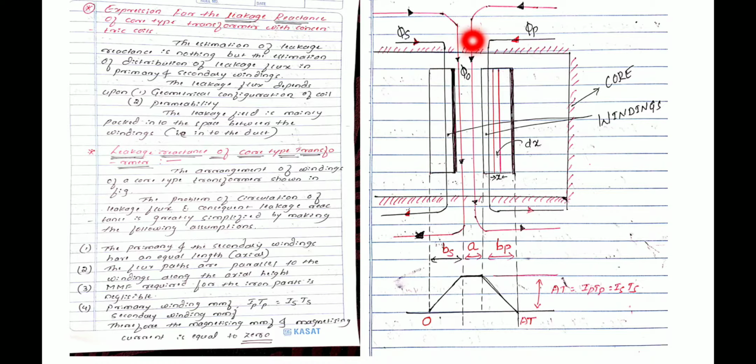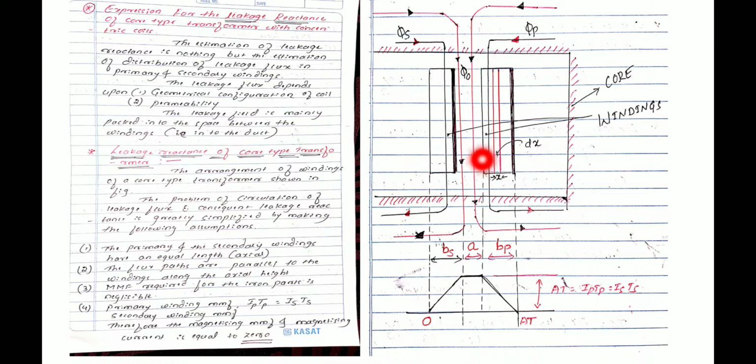Before calculation, some simplification is done by making some assumptions, just for the sake of a simplified version, to know how the leakage flux circulates in the primary winding, secondary winding and duct.